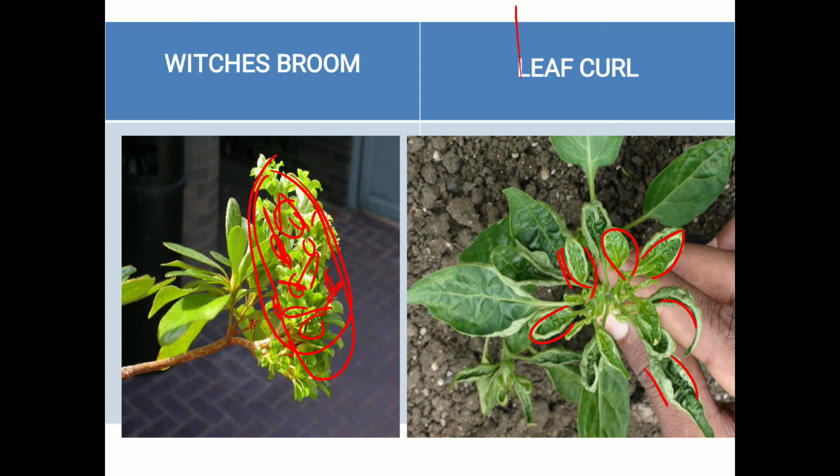The better way is to use an insecticide to manage such insects so that the spread of virus is completely stopped. So for control of witch's broom or leaf curl we use suitable insecticides, for example chlorpyrifos at the rate of 2 ml per liter of water.